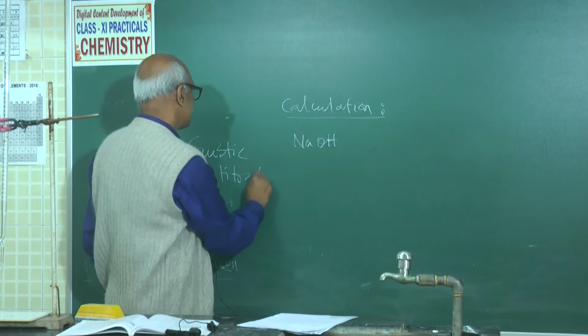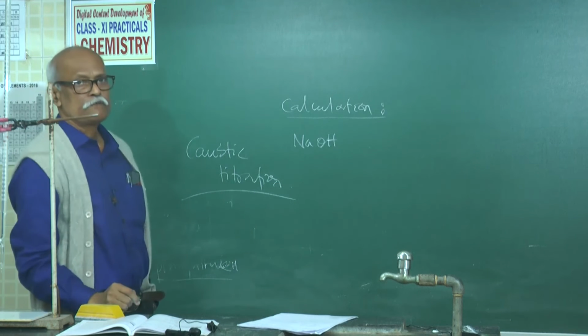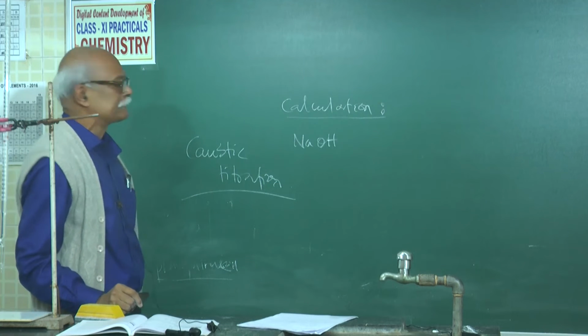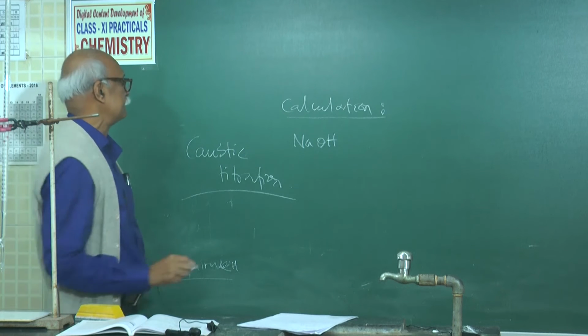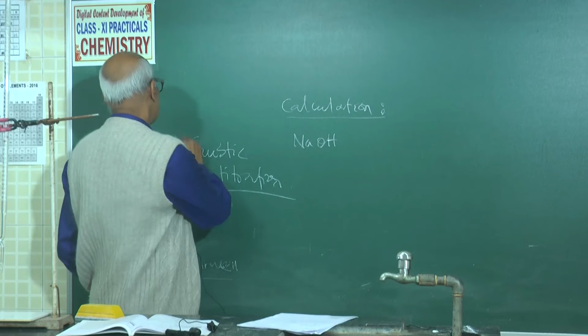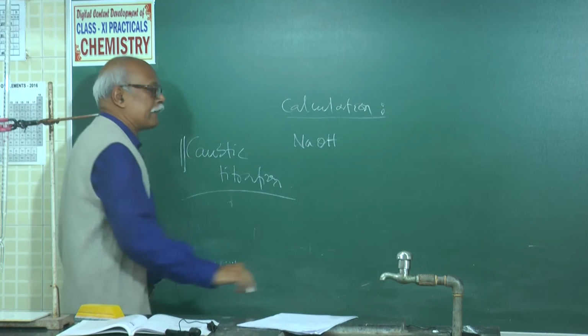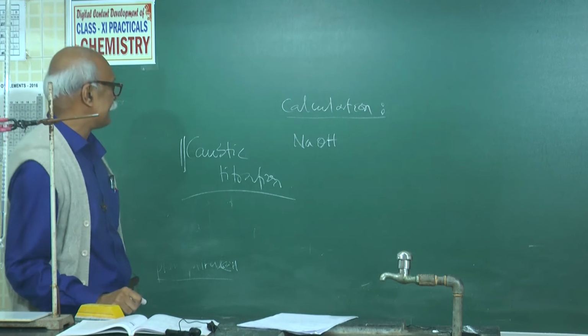This is an acid base titration no doubt, but if oxalic acid is titrated against potassium permanganate, that is called redox titration. Different types of volumetric analysis are there. Since sodium hydroxide is known as caustic soda, it is named caustic titration.